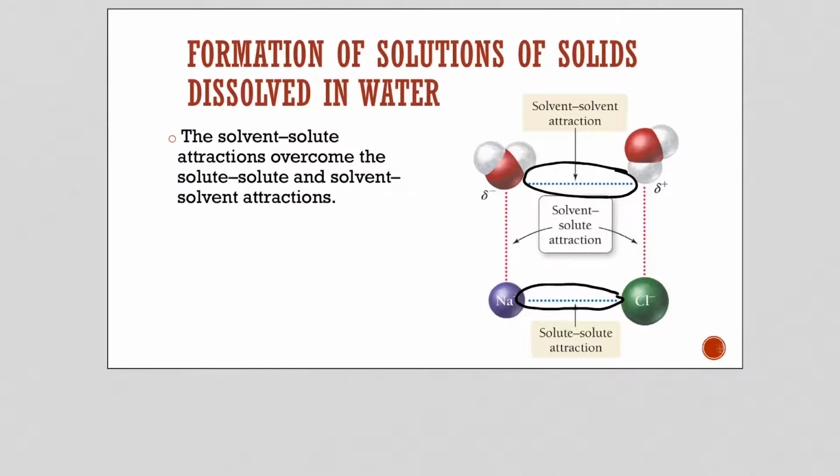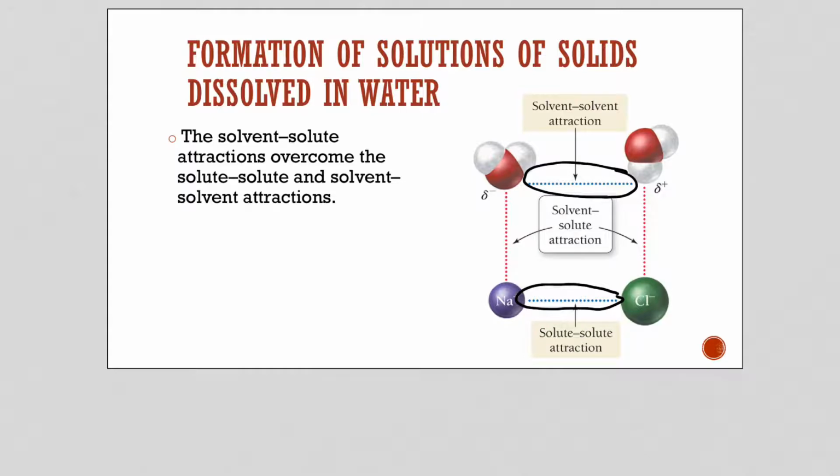These are the interactions that we need to break down when we go to dissolve them, because in order to mix these things homogeneously, we have to separate them to allow them to combine. So during the process, we're going to be breaking down the solvent-solvent and solute-solute interactions, but the key is we're going to trade by forming new solvent-solute attractions.